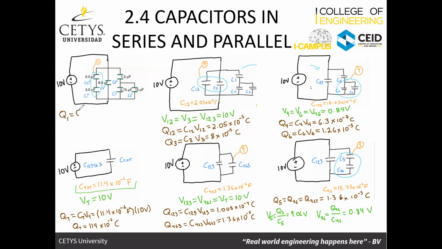So the charge of 1 is going to be the same as the charge in 2, and that is going to be the same as charge 1, 2, which we had already found, 2.05 times 10 to the -5. What's going to be different is the voltage. So voltage 1 is equal to Q1 divided by C1, and voltage 2 is equal to Q2 divided by C2.